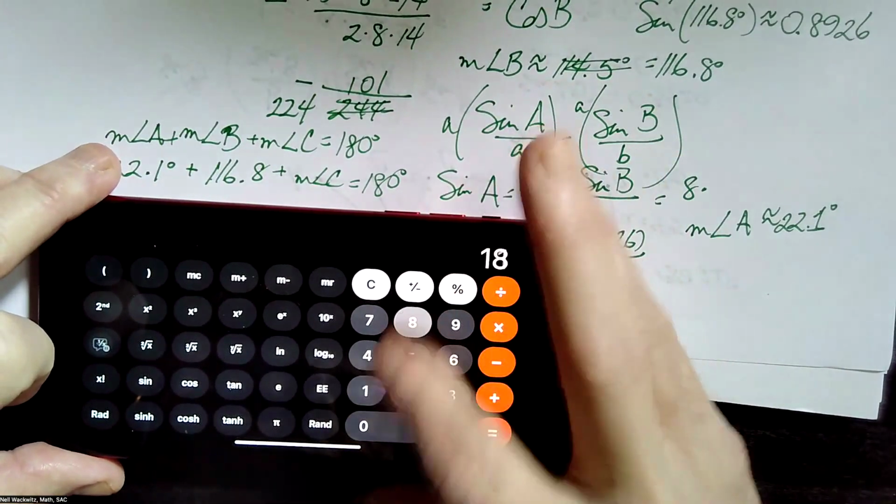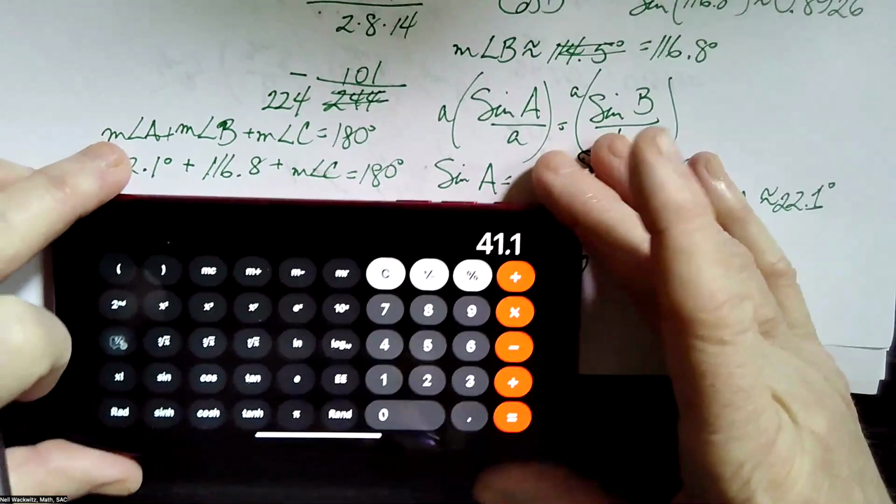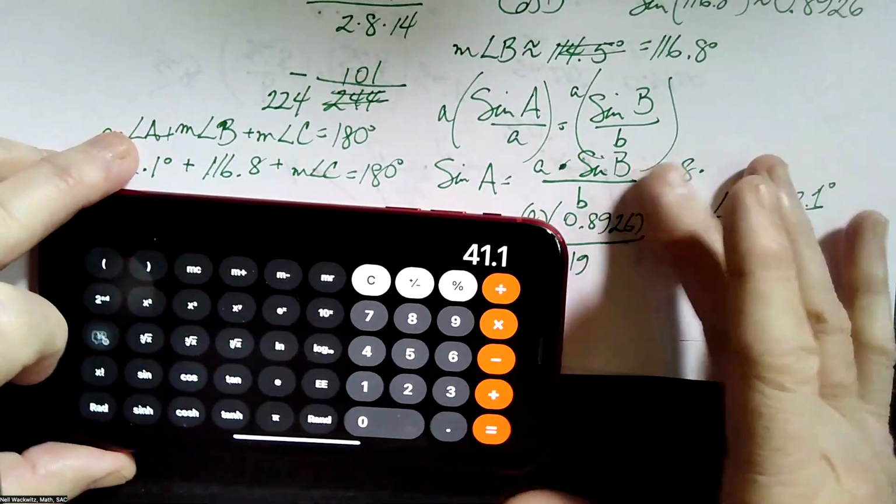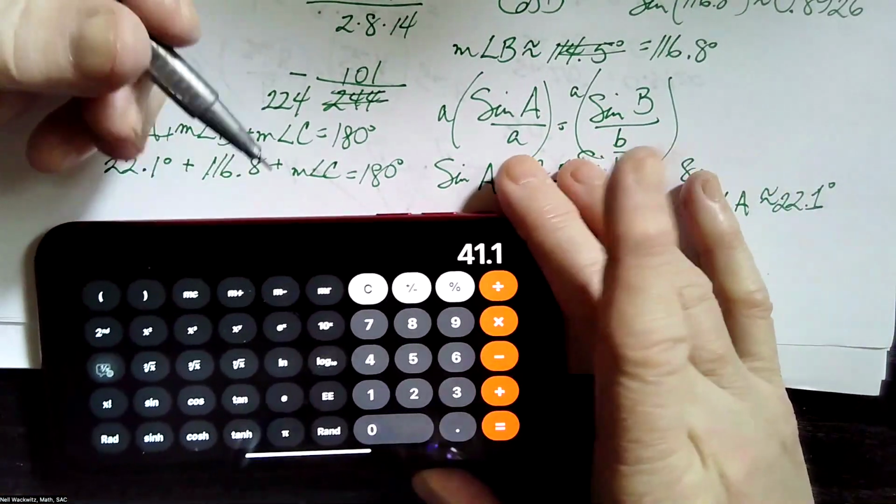Plus 180. So the measure of angle C using this method is 41.1.